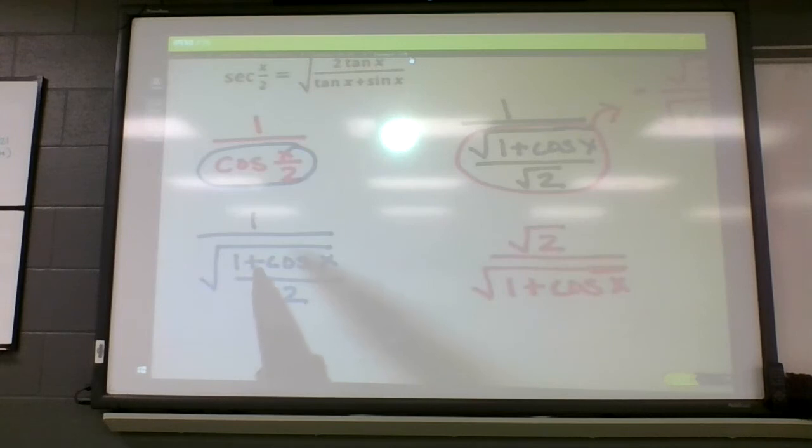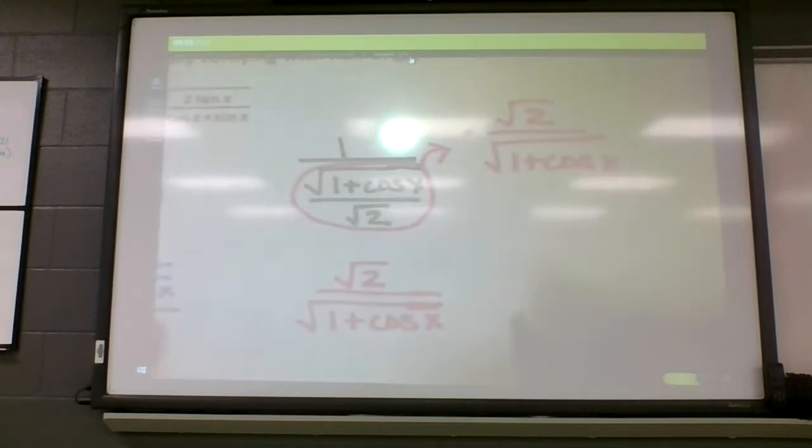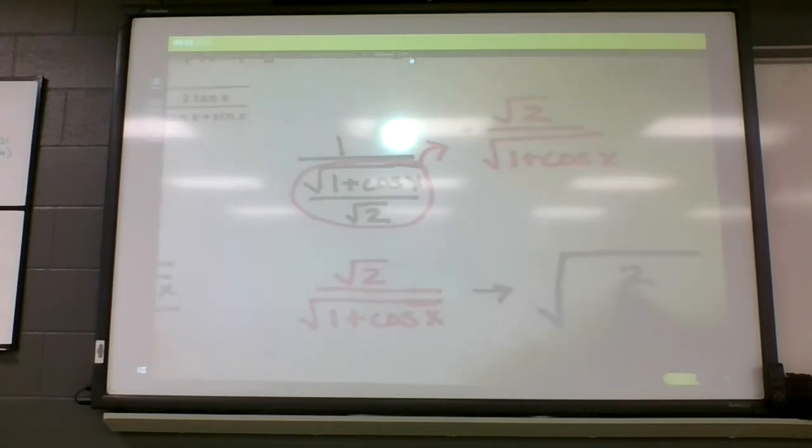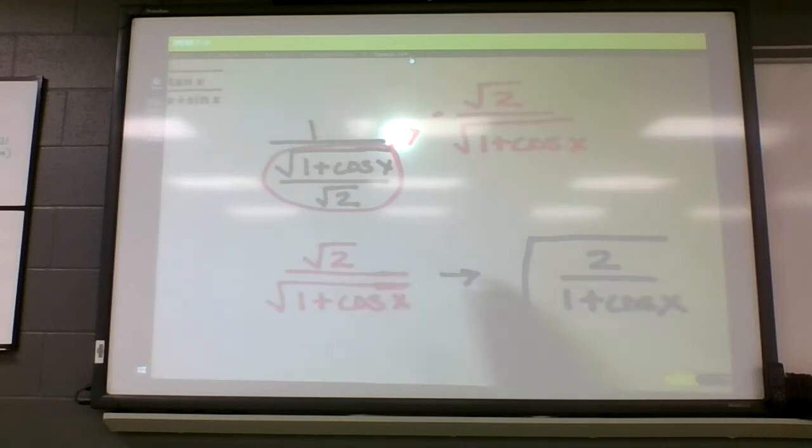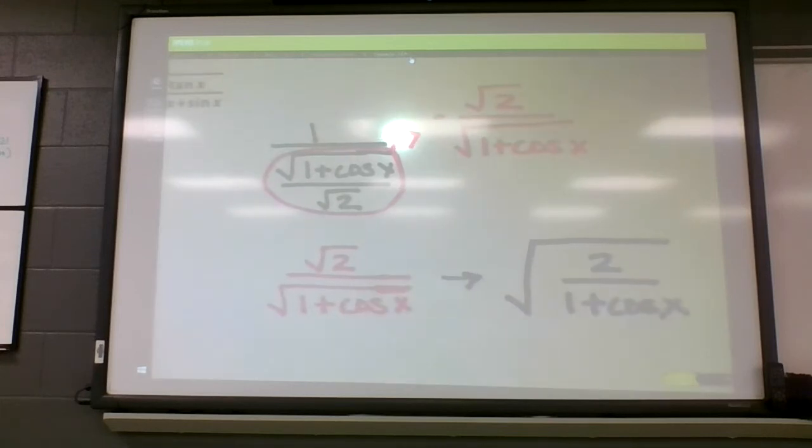Well, if that applies to splitting it, it also applies for putting it back together. So from here, you can say 1 big square root, 2 on the top, 1 plus cosine of x on the bottom. You can most definitely do that. If it's a square root of the top and the square root of the bottom, technically it's a square root of the whole thing, right?